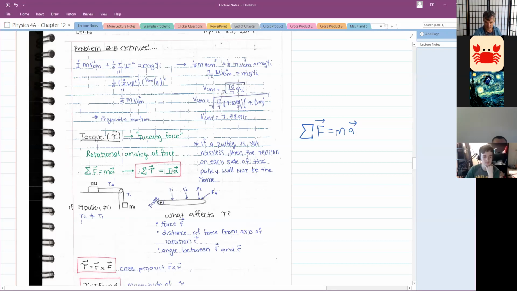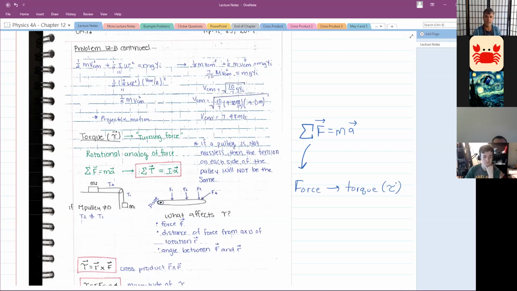Well, the angular equivalent of force is torque. Just like forces cause a linear acceleration, torques cause an angular acceleration. So a torque will cause something that's not spinning to start spinning, or slow down or speed up its spinning.